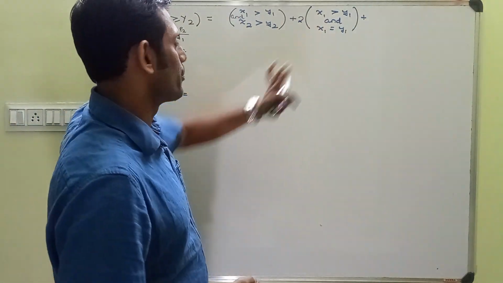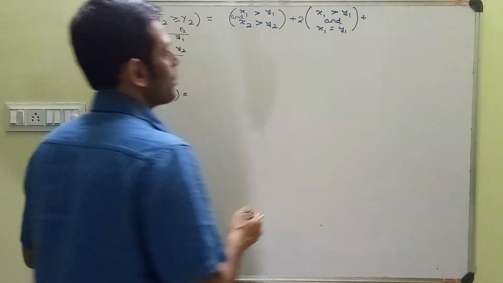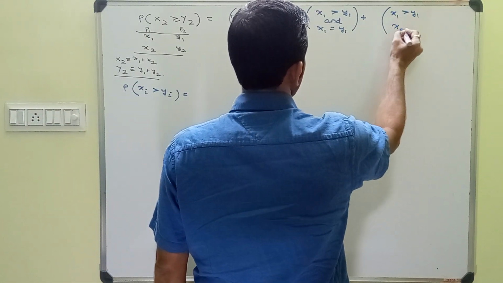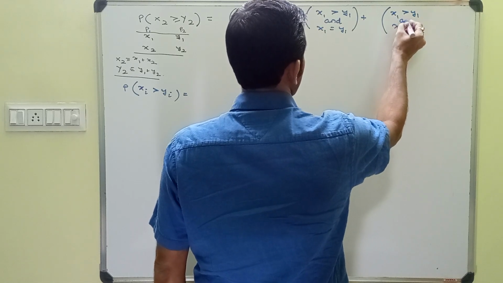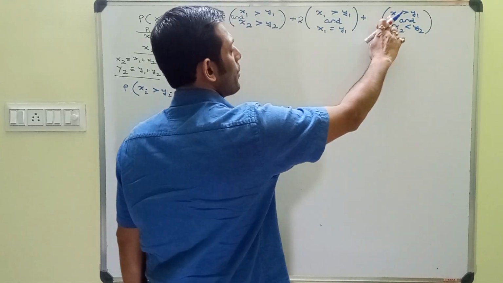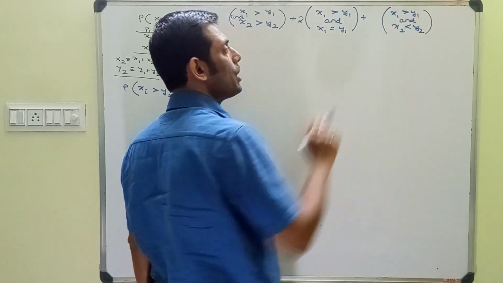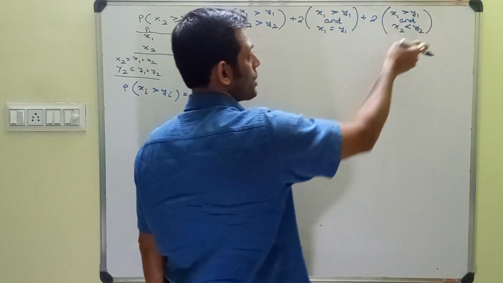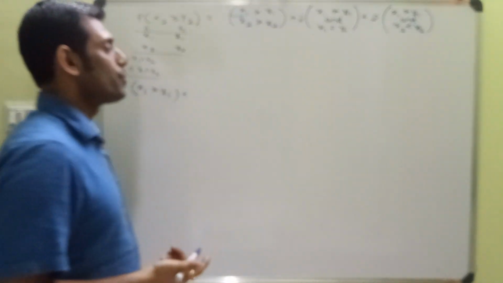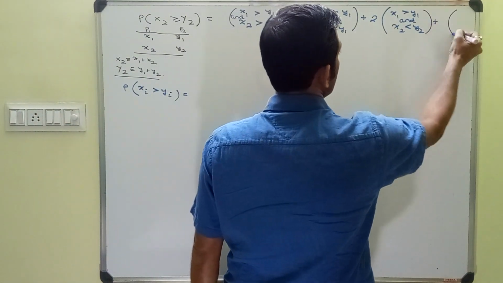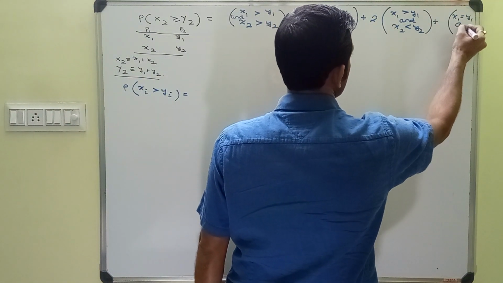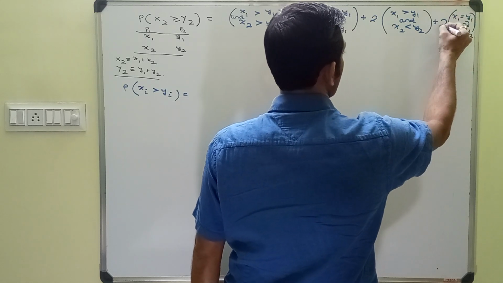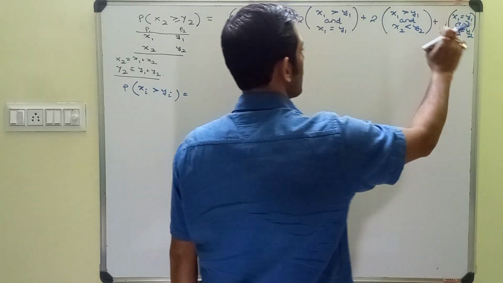Greater cases, finished. Now equal cases can be of how many types? Equal cases can be like this: X1 greater than Y1 but X2 less than Y2. See the scores here. 5-0-0-5 brings it to equal score for both of them, but this can happen in 2 ways, this happening first or this happening first. There is one more possibility where each of them gets the same scores, and this can happen in only one way.